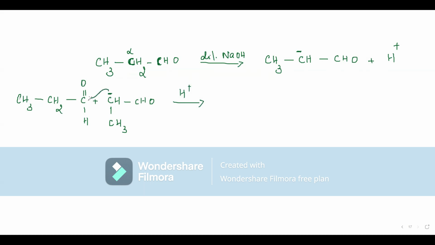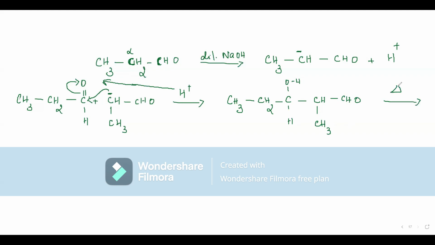The negative charge attacks the carbonyl carbon, the double bond shifts towards oxygen, and H plus migrates to the same oxygen. Therefore, you will get CH3, CH2, CH, OH, and here CH, CHO, and this carbon already has a CH3.